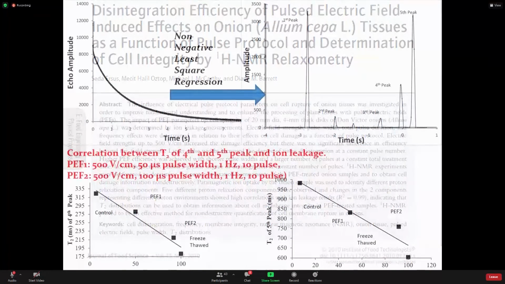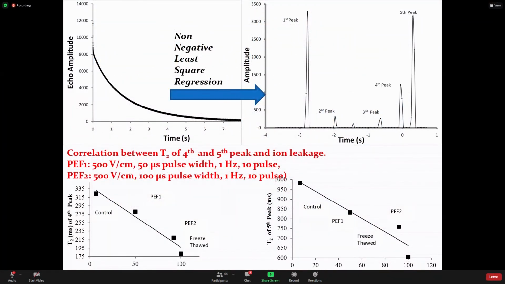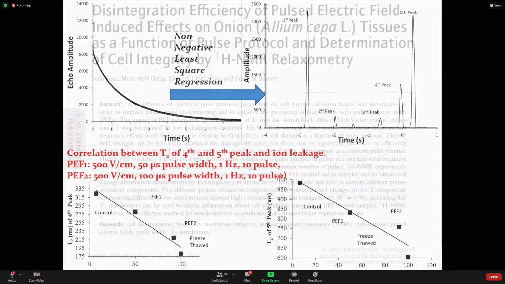What has been shown from the relaxation time distribution is that with different pulsed electric field combination treatments, the integrity of the onions changed. For instance, here you see 5 peaks. These peaks have been identified as different cellular structures in the onion.